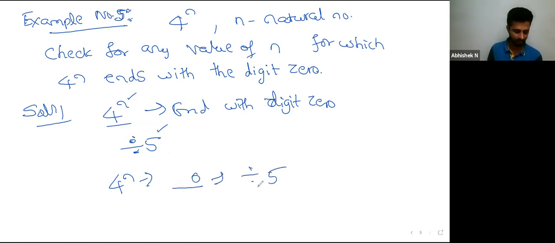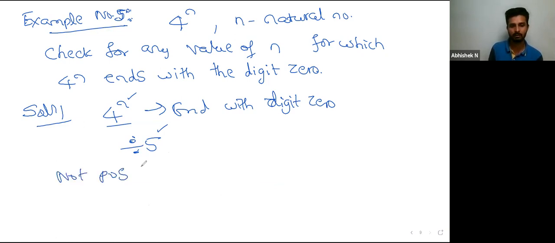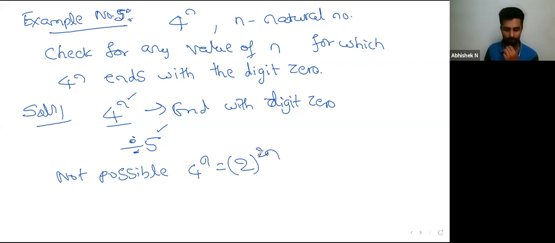But this is not possible, because 4 to the power n can be written as 2 to the power 2n. That means the only prime factorization of 4^n is 2.